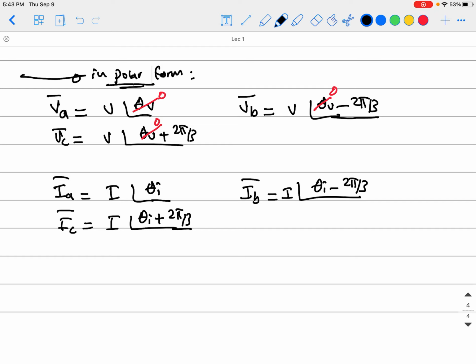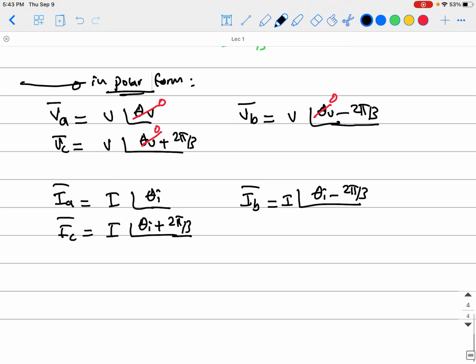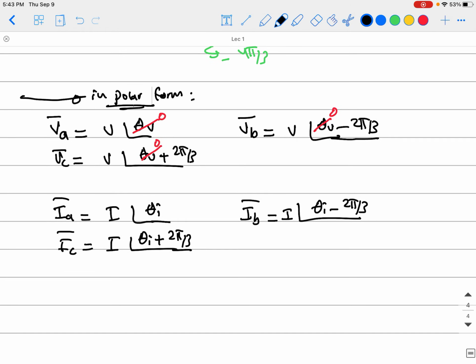So the same thing here: if you apply balanced three-phase voltages, that means they have the same magnitude and phase shift equals 120 degrees, 2 pi over 3. So this is a balanced voltage.